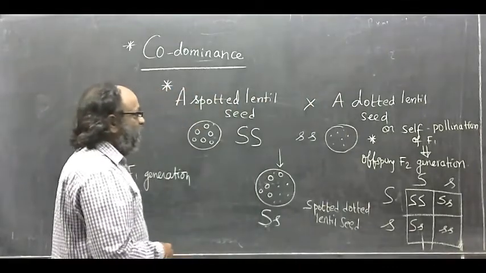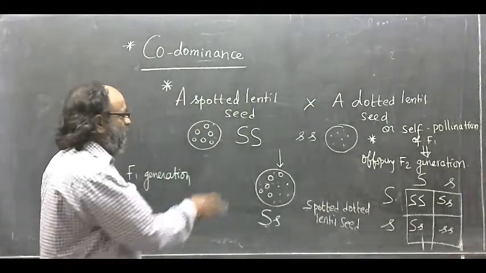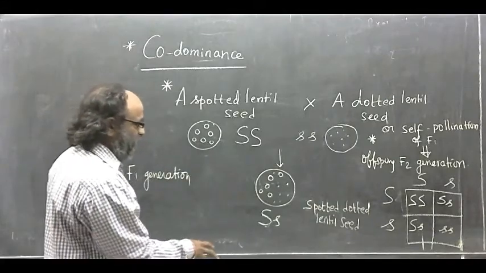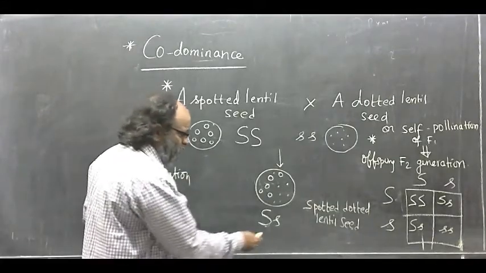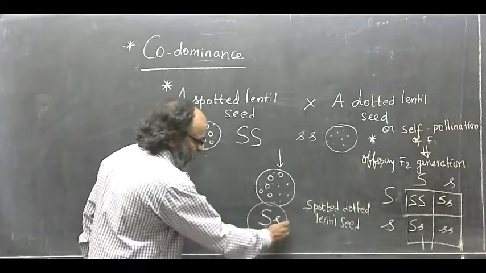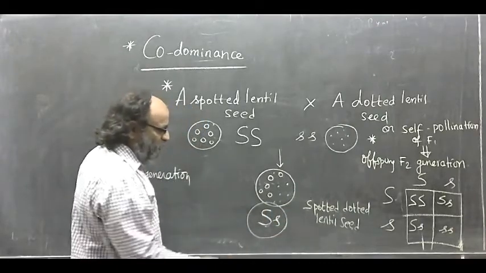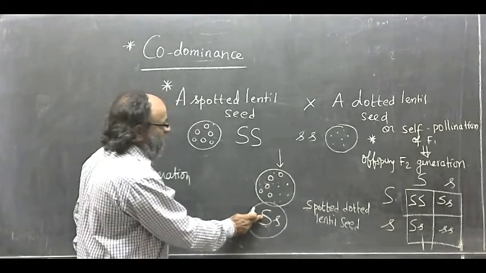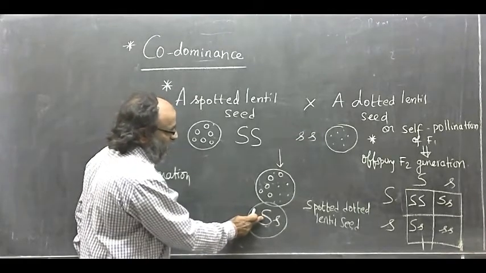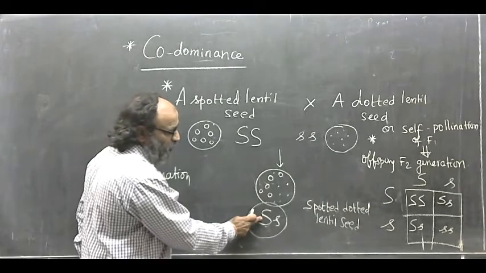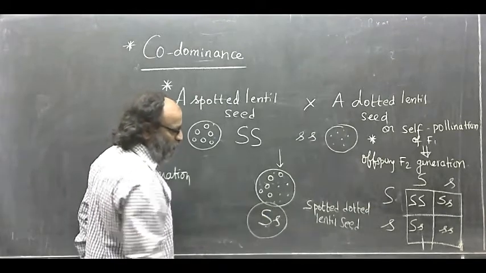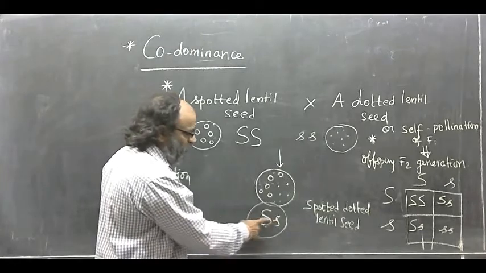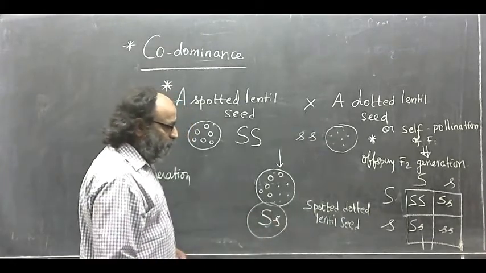So from this typical example, we can understand that in heterozygous condition, the two alleles do not show dominant recessive relationship.